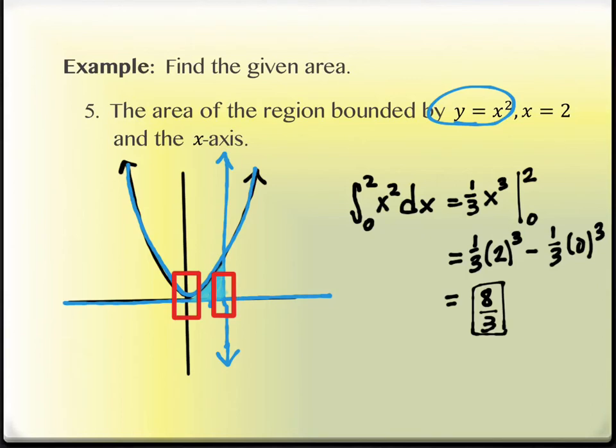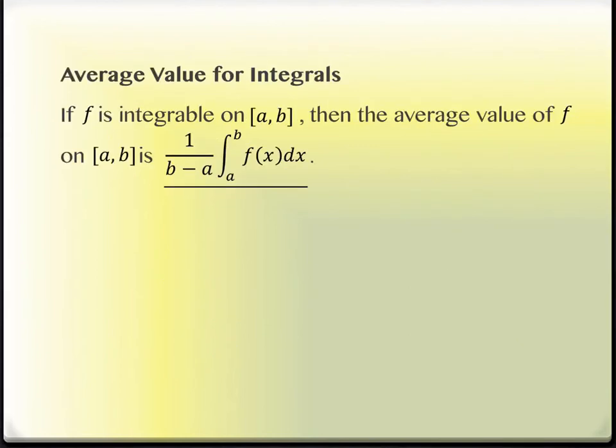All right, one more thing in this section. It's called the average value for integrals. If we have a function that's integrable, that means you can take the integral of it, right? You can take the antiderivative on the interval [a, b], then the average value is the antiderivative times 1/(b minus a).